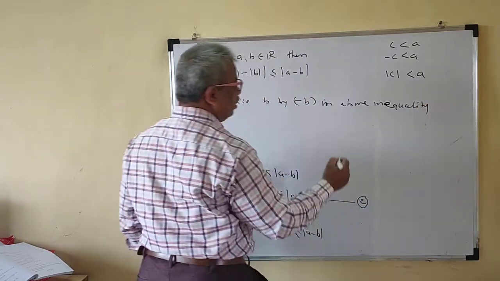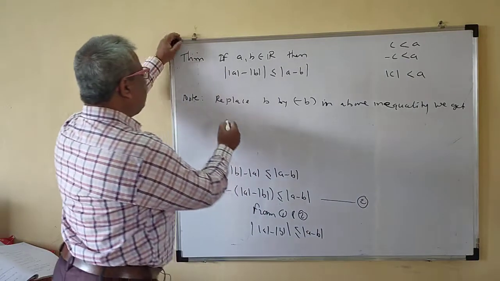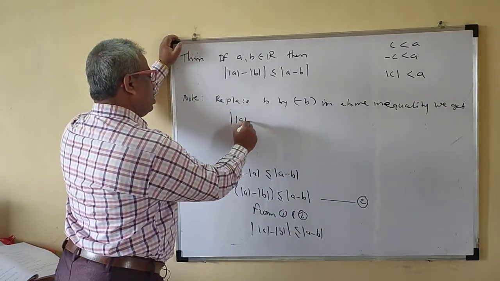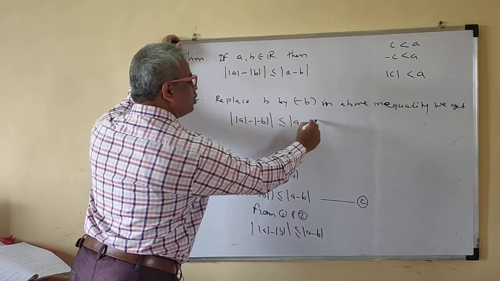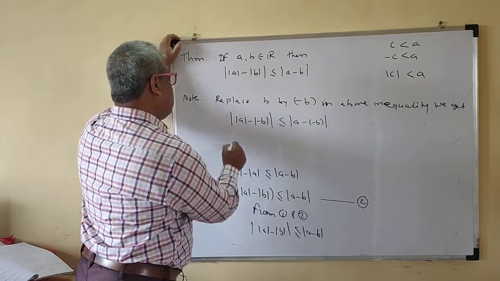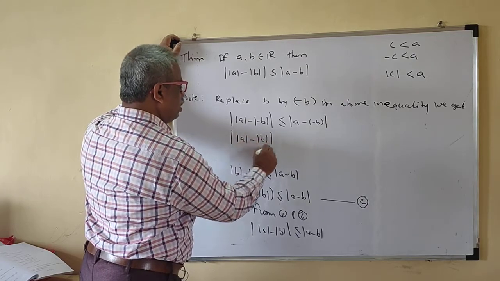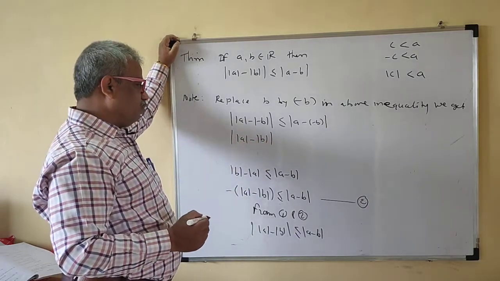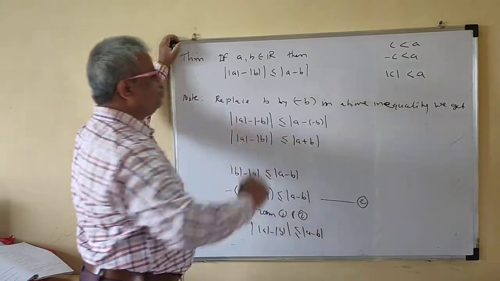In the above inequality, we get, so we'll replace b by minus b. A minus of minus b. Okay, so this is mod of A minus mod of b, right? Mod of minus b is the same as mod of b, less than or equal to mod of A plus b, right?